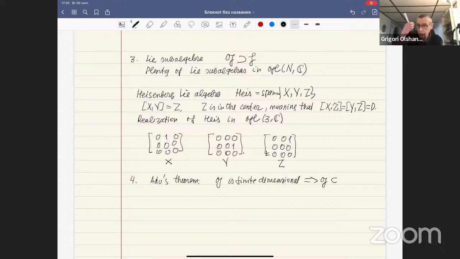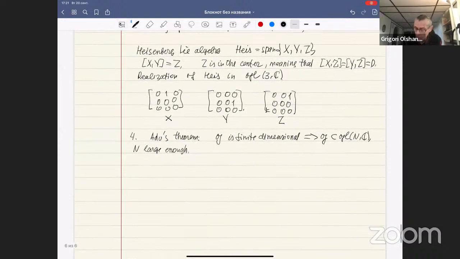It can be realized as a Lie subalgebra of some gl_m. This is a non-trivial result. And there are a number of demonstrations of it.